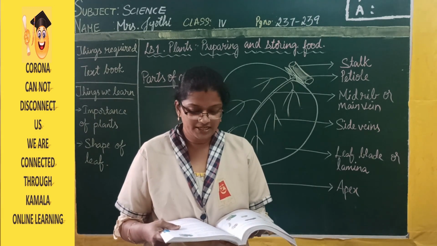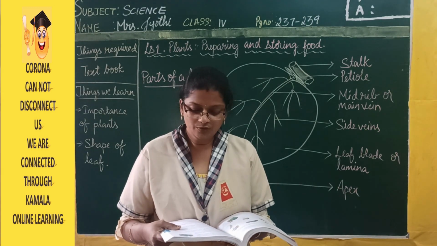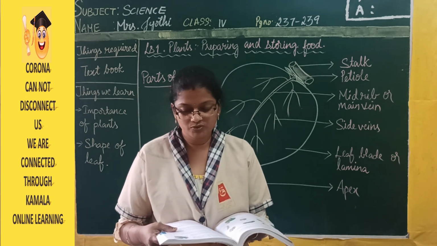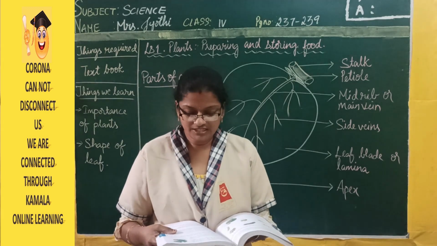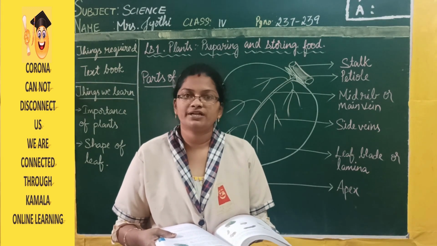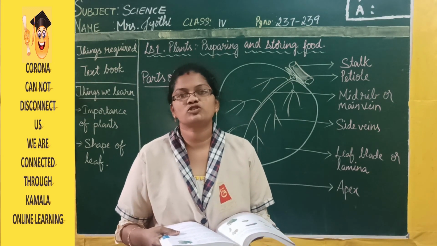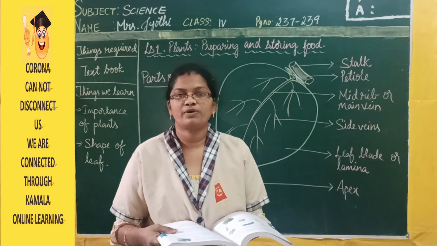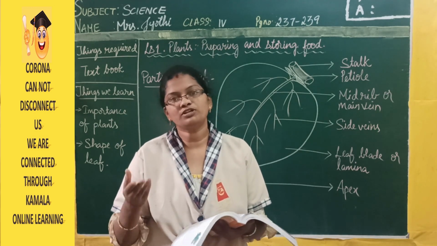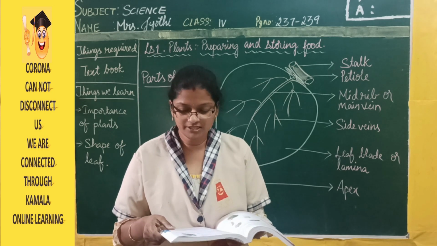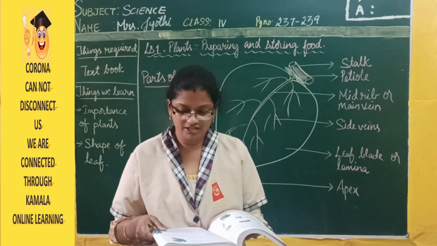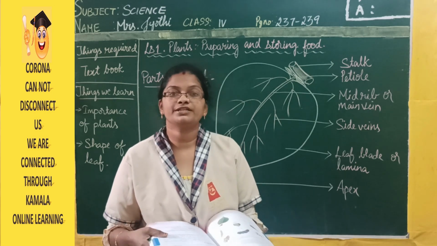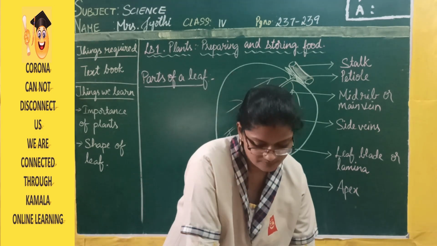The underside of a leaf contains numerous bean-shaped tiny pores that cannot be seen with the naked eye. These are called stomata, and the singular form of stomata is stoma. So stomata is the plural form and stoma is the singular form. The stomata control gaseous exchange of carbon dioxide and oxygen in the leaves.